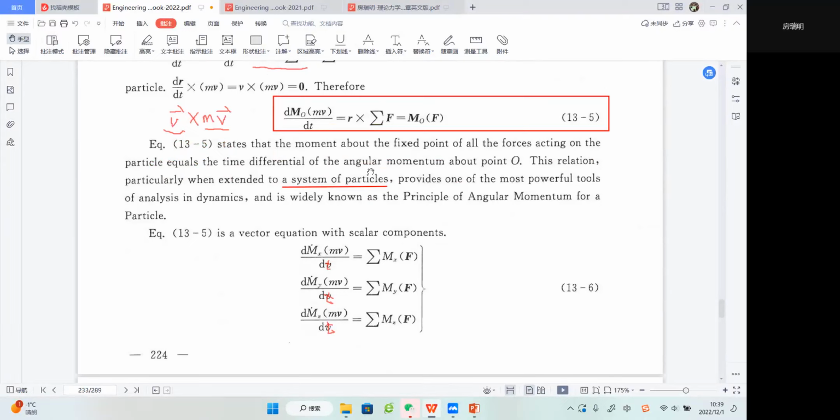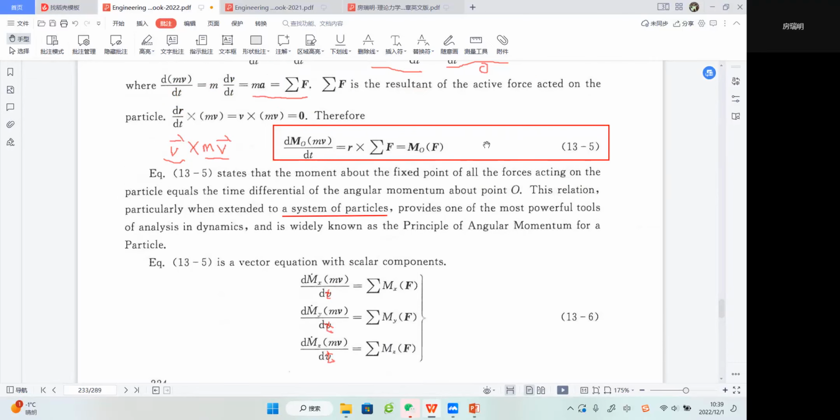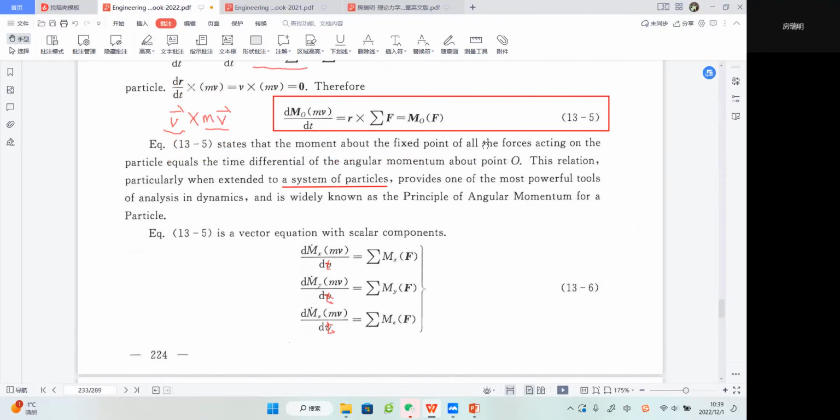But our final goal is to use this principle of angular momentum for a single particle to extend it to a system of particles. And for this equation, we can do the projection.